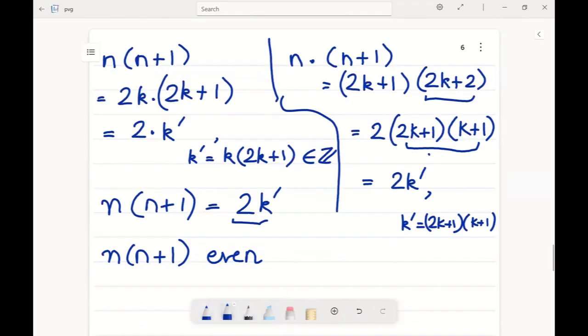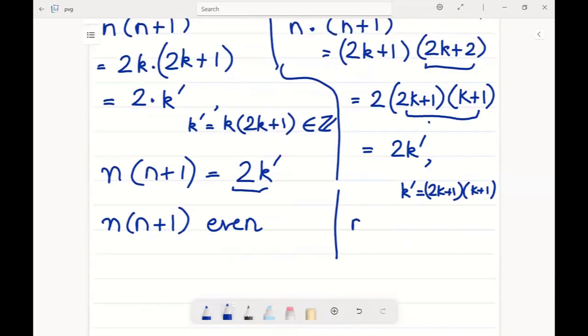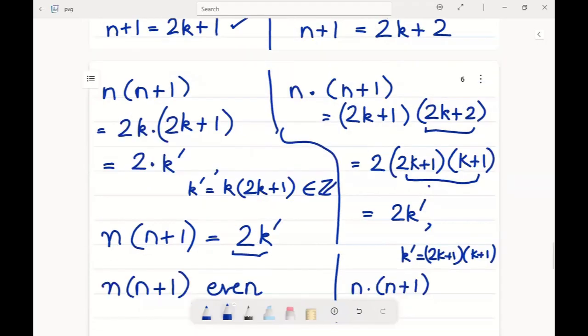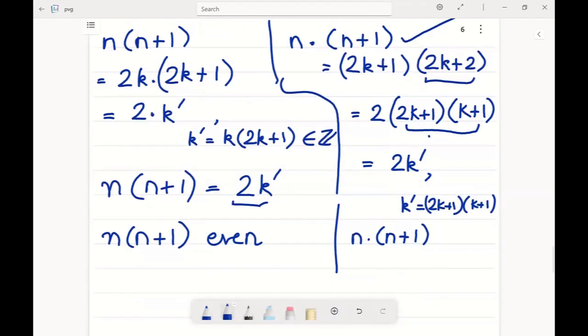So this means that in the second case also, when I simplified this n into n plus 1, it comes up to be 2k dash. Means n into n plus 1 is again which type of number? It is even.